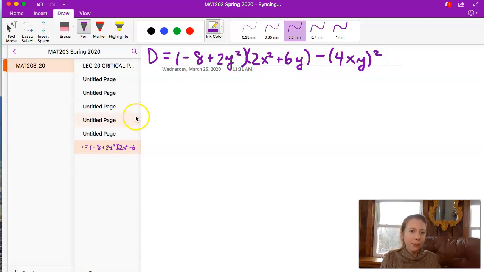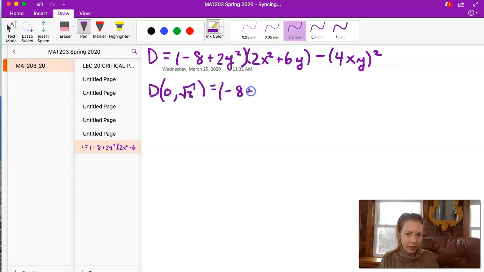4xy, and then we square it. Okay, so now we just need to plug in our critical points into D. So D, evaluated at x equals 0 and y equals the square root of 3, is going to be minus 8 plus 6 times 6 times the square root of 3.